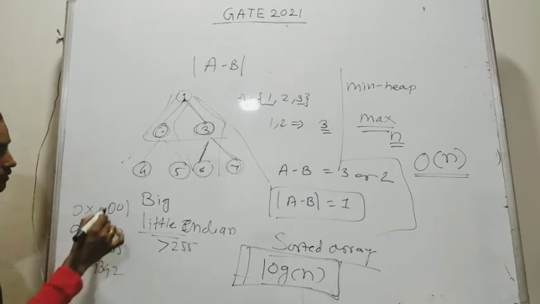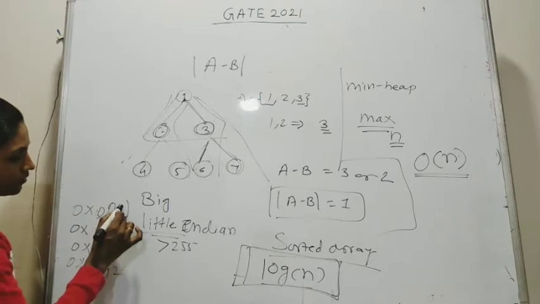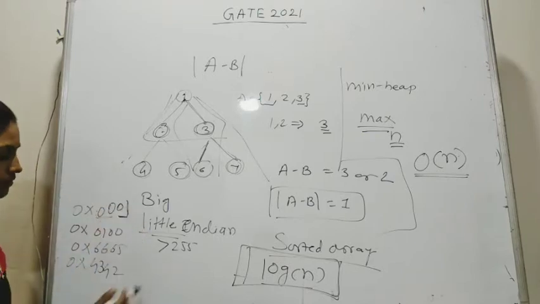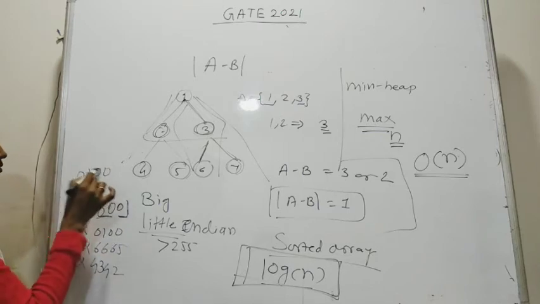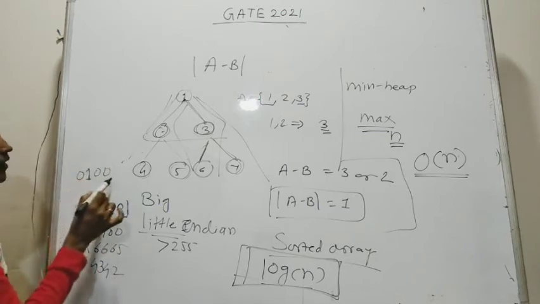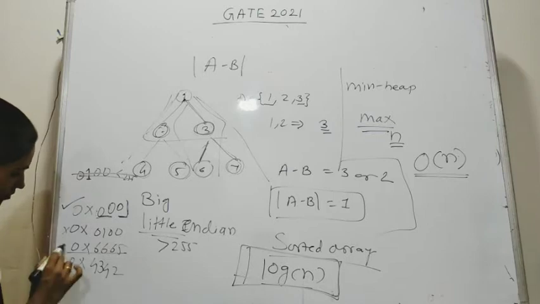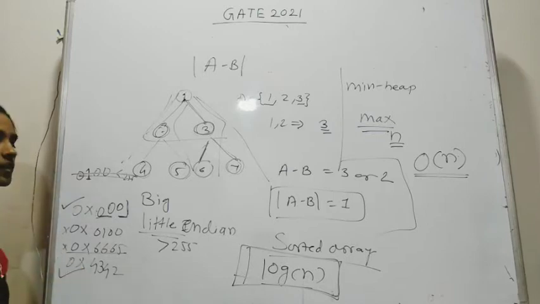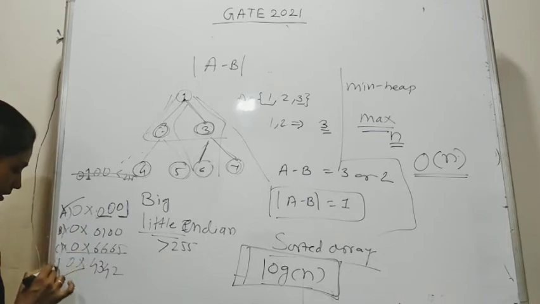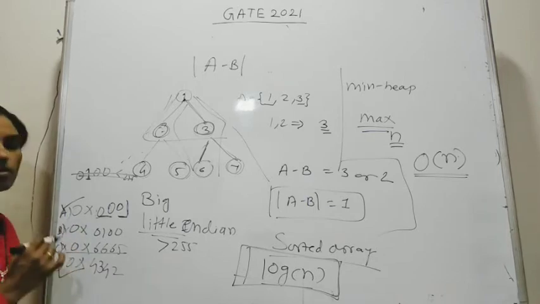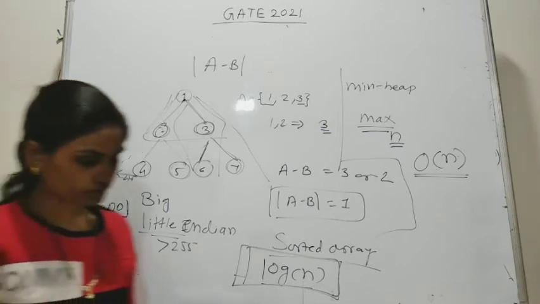Now in little endian we have to swap the MSBs and LSBs. So when you swap this 0100, this is wrong, and so option A and option D, these two options are correct.